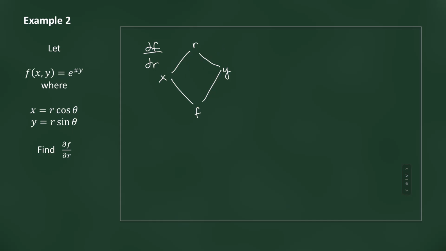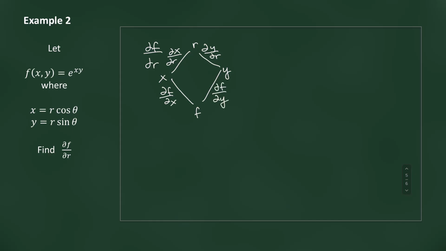Okay, so let's fill in the pieces that we need. We need the partial of x with respect to r, and then the partial of f with respect to x, and then we need the partial of y with respect to r, and the partial of f with respect to y.